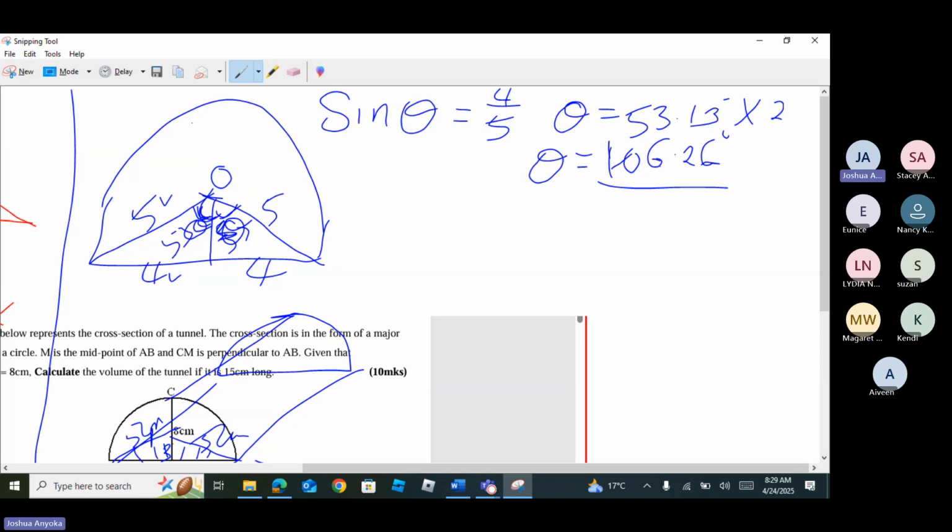So now that we have this angle, what will be the angle at the center for the major segment? That is the angle at the center for the minor segment.